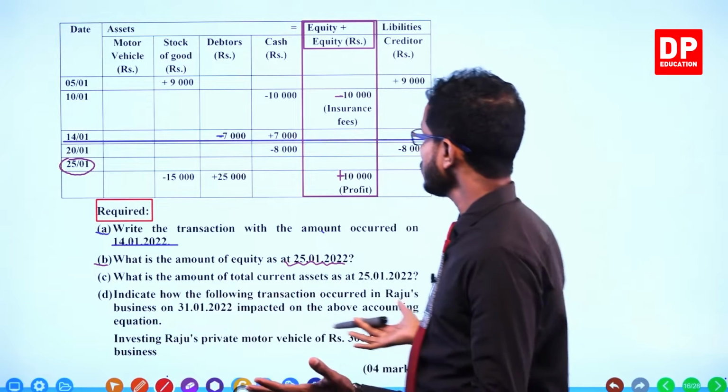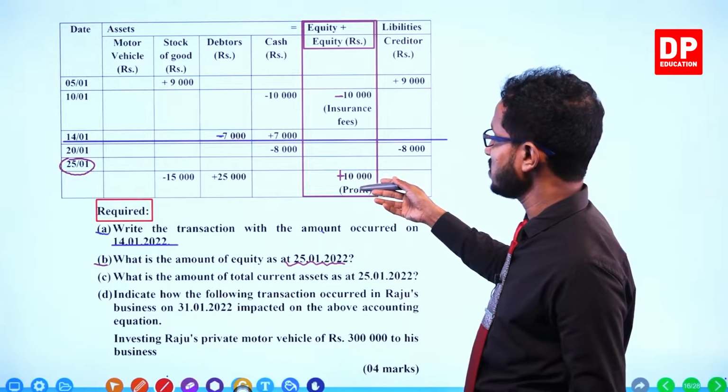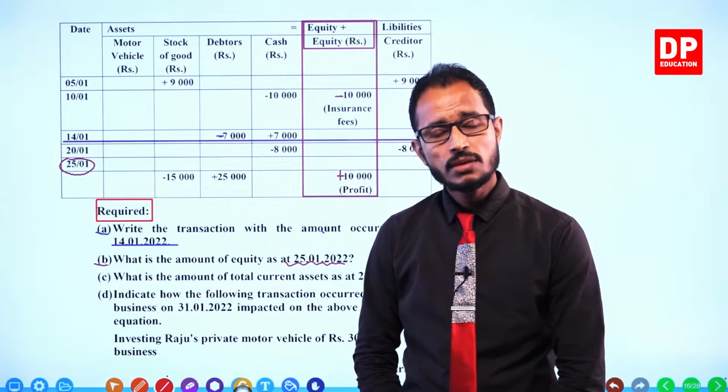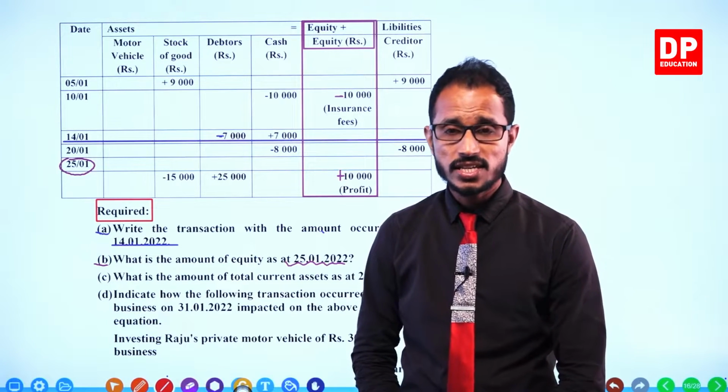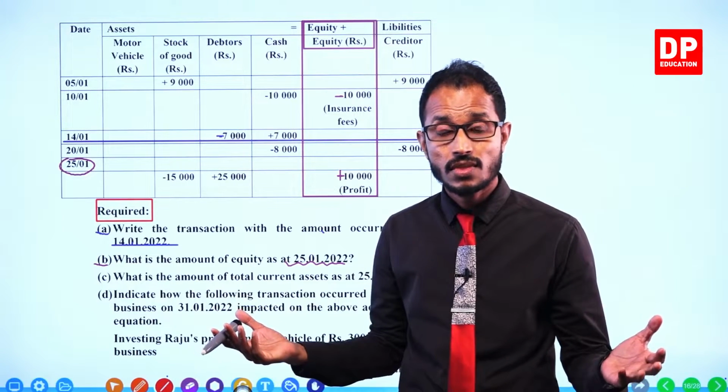So what? 10,000 decrease, 10,000 increase, it's the same thing. Now what I'm saying is 10,000 decrease and 10,000 increase doesn't make a difference. So it's 0.